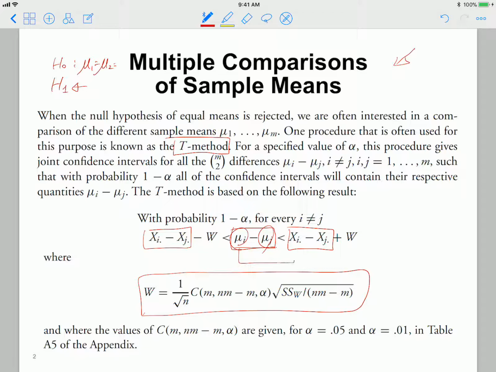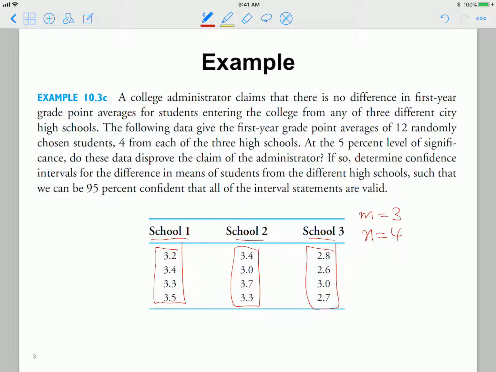So for mu i, its estimate is represented as x_i dot, where i equals 1, 2, and 3.